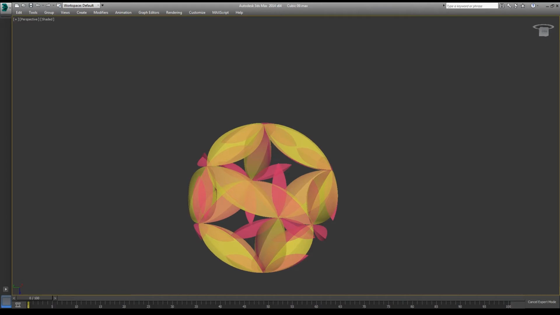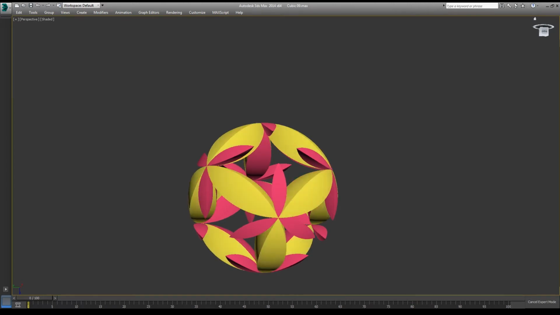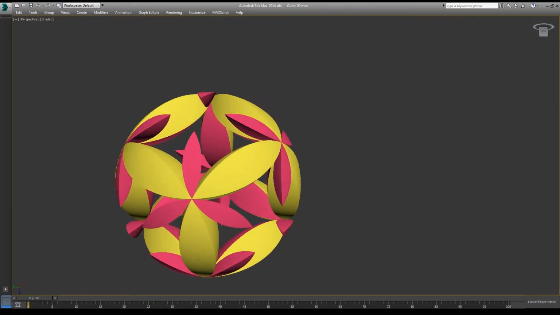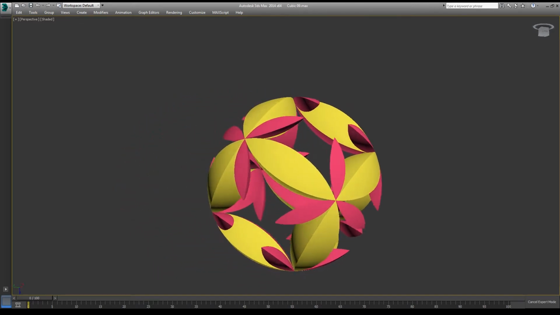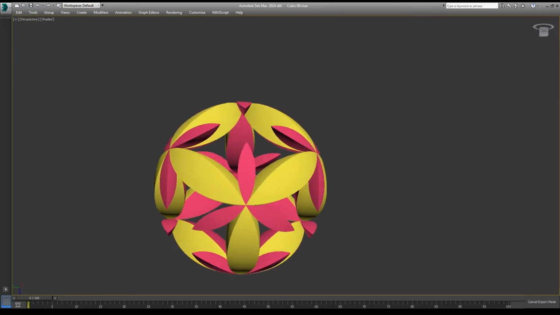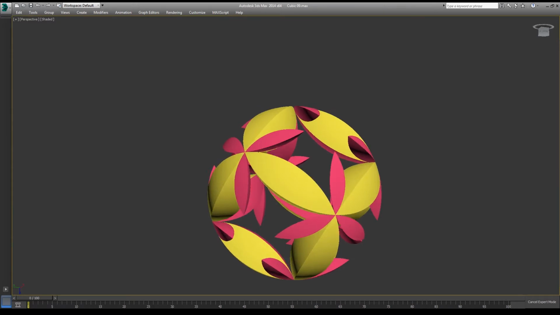If I just for now solidify those a bit, it might be easier to see. So we're getting this as the kind of intersection pattern within any individual PSU sphere.